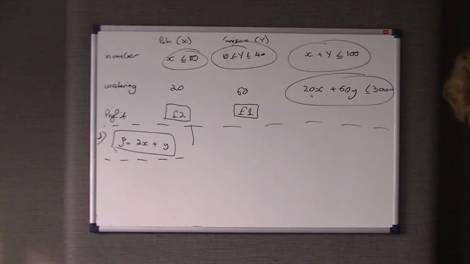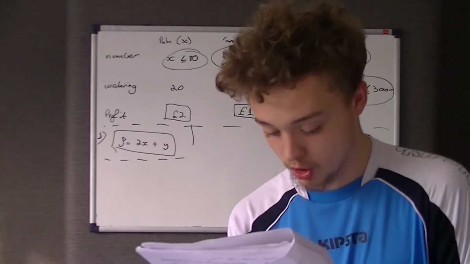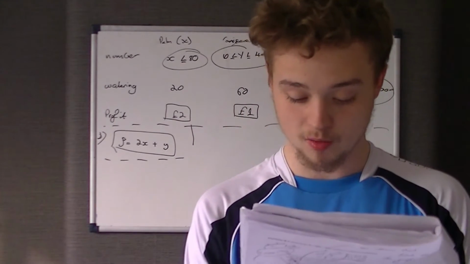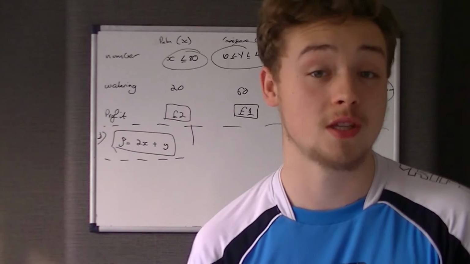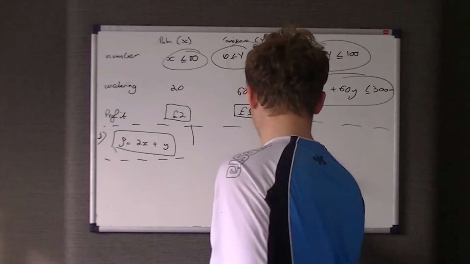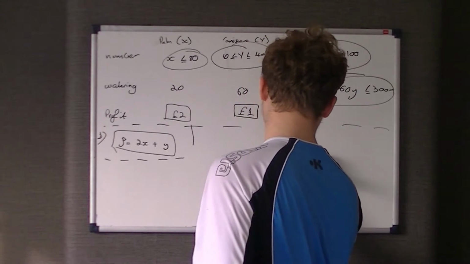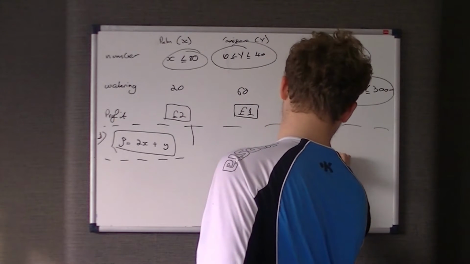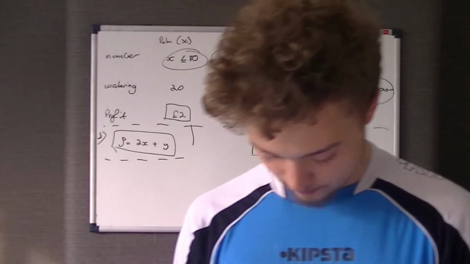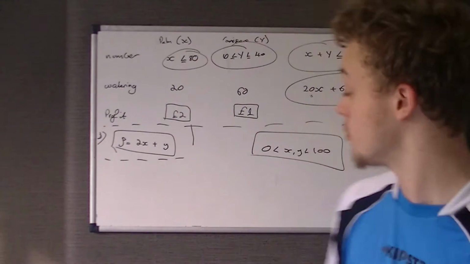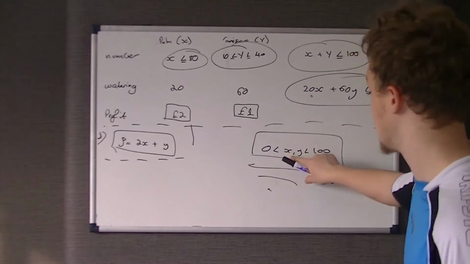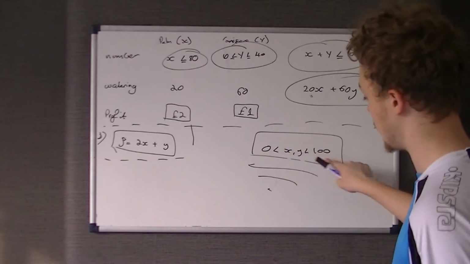Part C says, find the optimal solution to his problem, stating clearly how many of each type he should plant. And it tells you the graph should be between 0 and 100 for both x and y. Now, that's how it's written in the exam. So basically what that means is you could put x or y there and it's between 0 and 100.